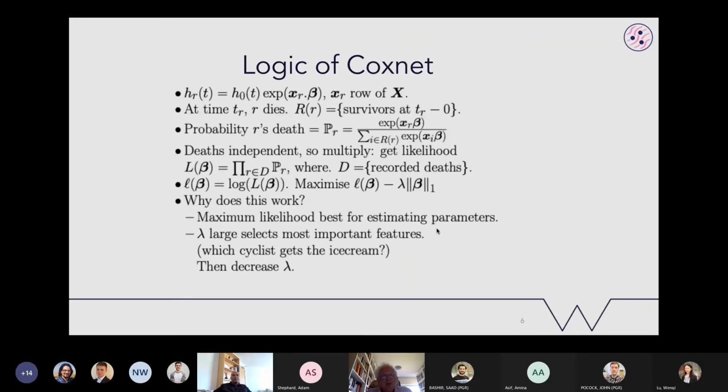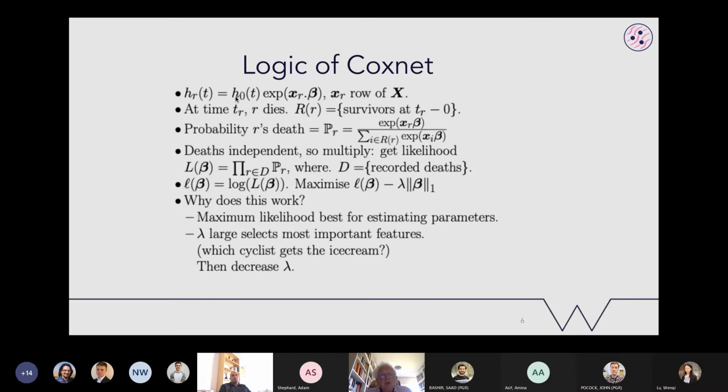So how do we estimate it? Well, the formula, which I remind you of for the Cox proportional model: here the index R represents a particular patient.